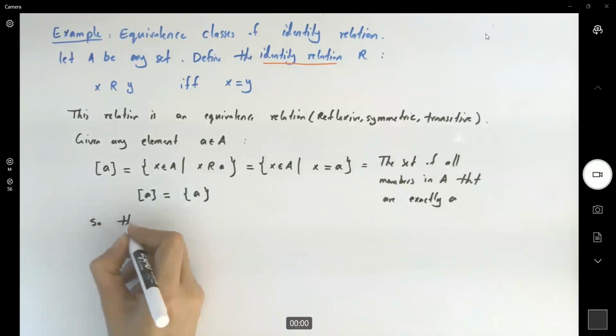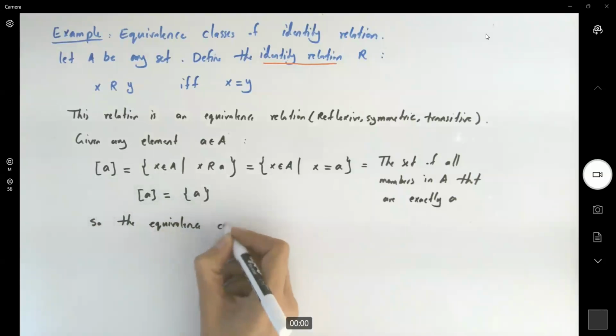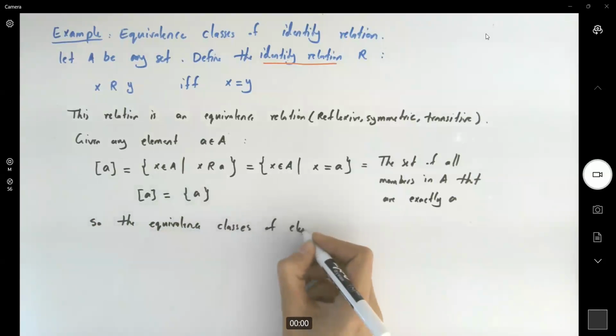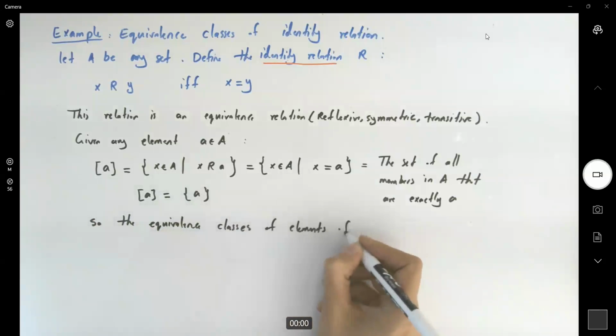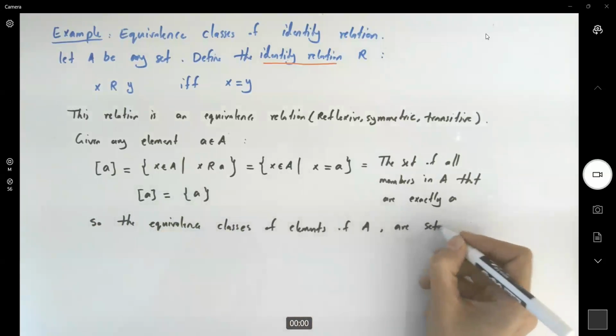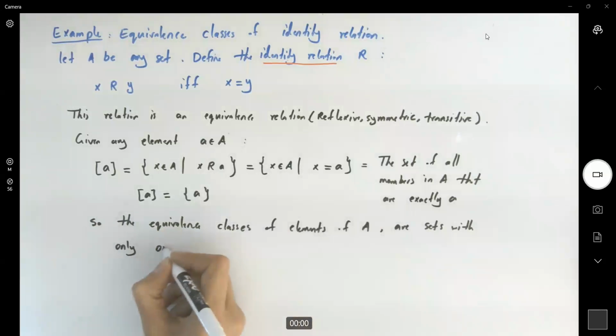So the equivalence classes of elements of set A are sets with only one member.